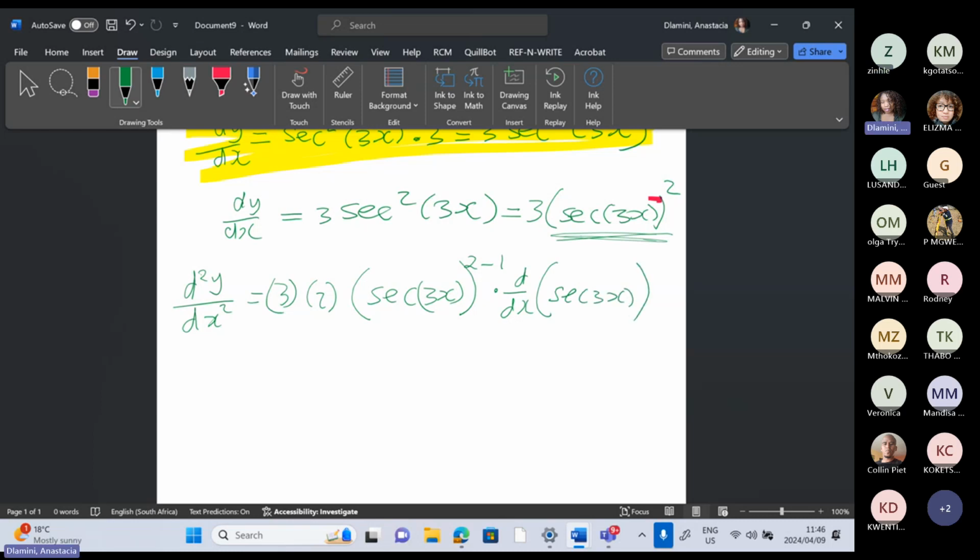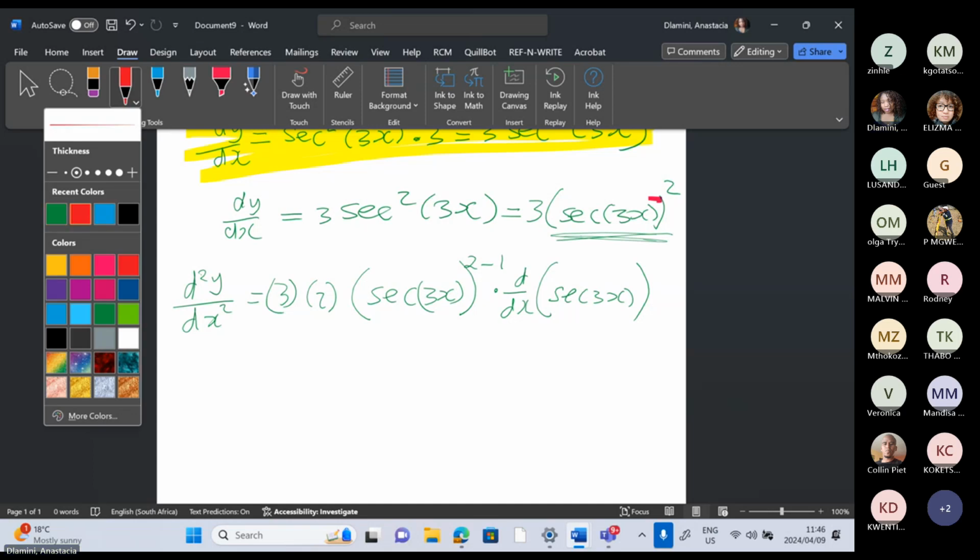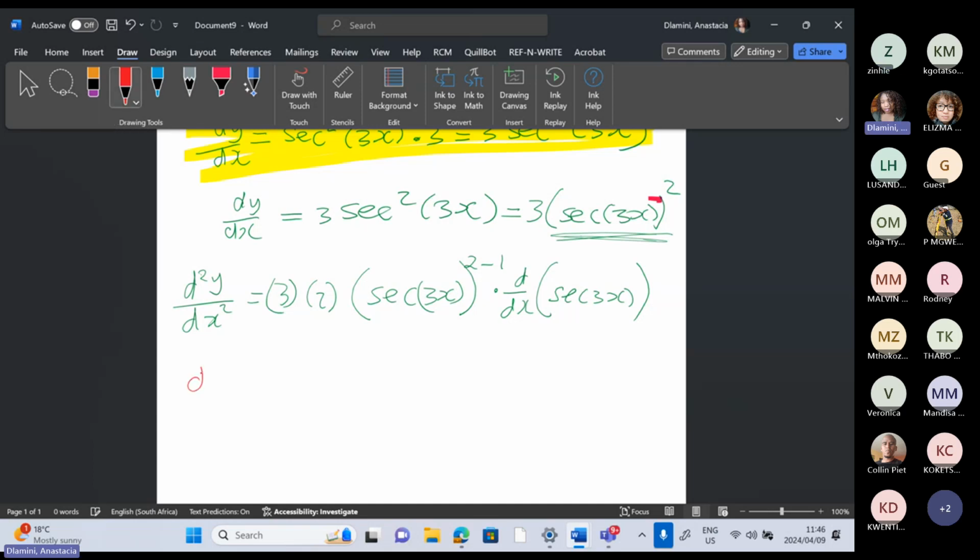Now, if we go back to our table on page 2, they say the derivative of sec f of x is equal to sec f of x times tan f of x times the derivative of f of x.